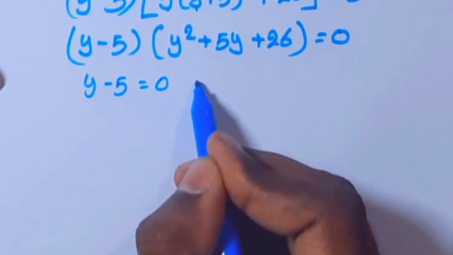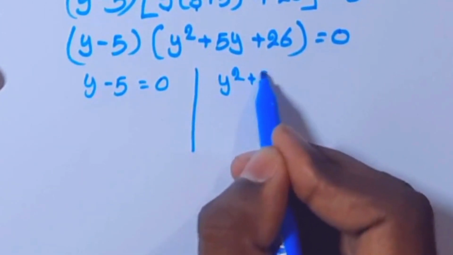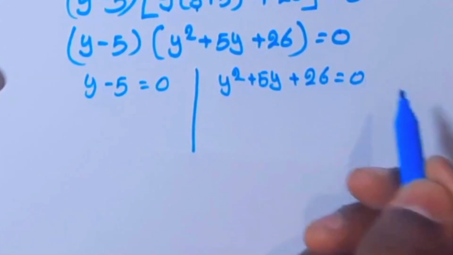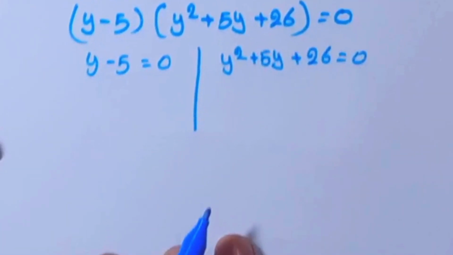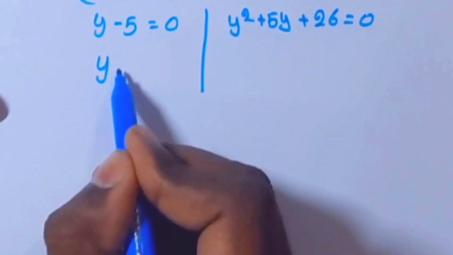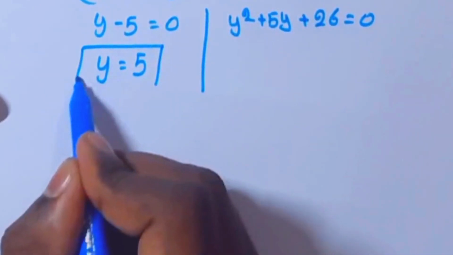This is one equation. The other equation is y square plus 5y plus 26 equal to 0. We have two equations here. So from the left hand side, y equal to 5. This is one solution.